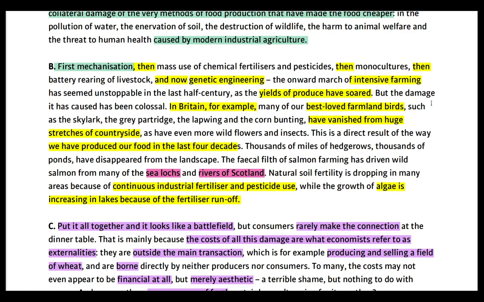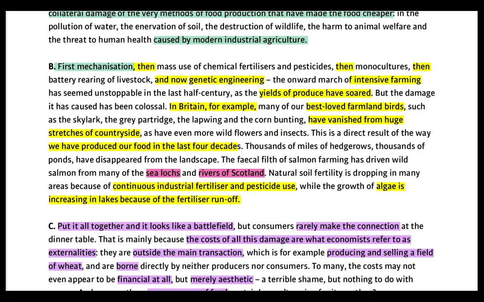So because of the determiner, many of the farmland birds, and they're giving examples: skylark, grey partridge, lapwing, and corn bunting, have vanished from the countryside. And we know that stretches of countryside means if you want to expand the area of a land, we have to get rid of the trees in order to be able to build a specific building for the population of that area to live.